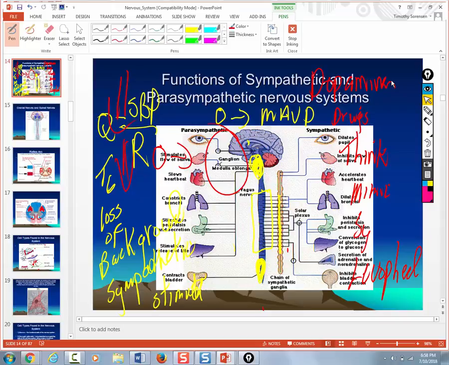When somebody damages their spinal cord, initially, if they have a spinal cord injury where they're getting inflammation, they have spinal shock. Spinal shock means that everything below the site of the injury, all autonomic control, all nervous system function stops. They can't move, they crap themselves, they pee themselves.